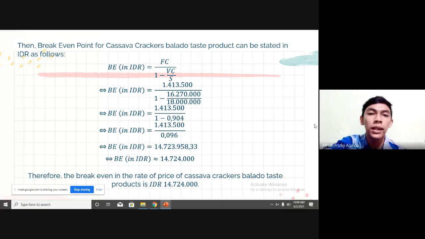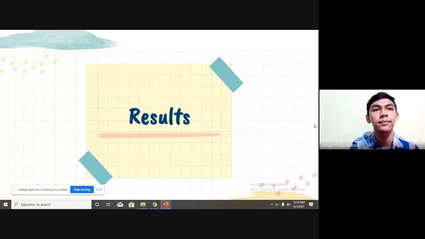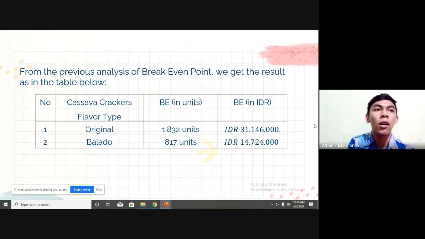Therefore, the break-even in the rate of price of cassava crackers balado taste products is 14 million 7,024,000 rupiah.